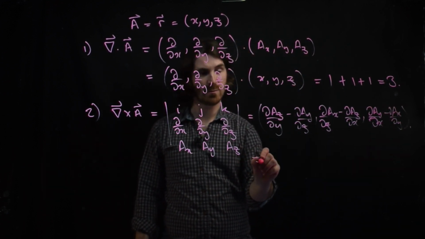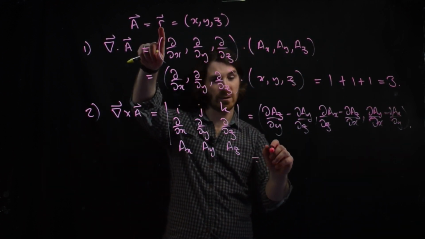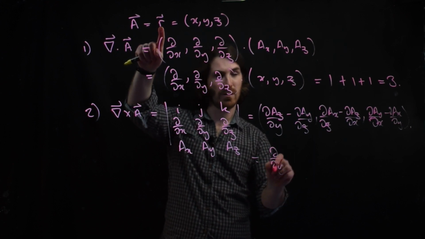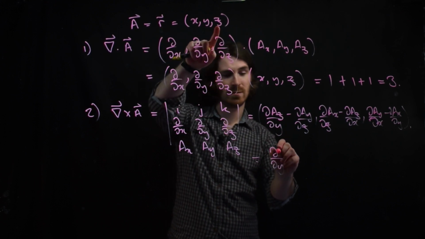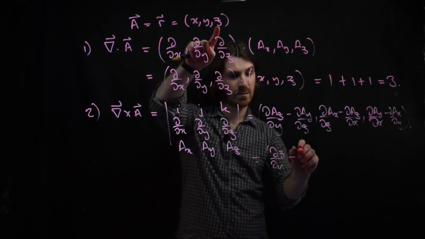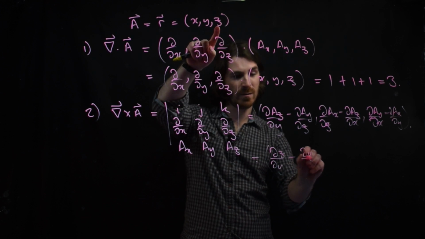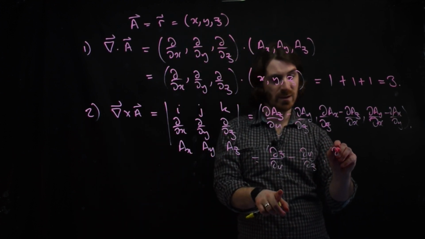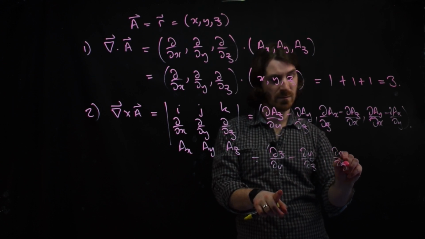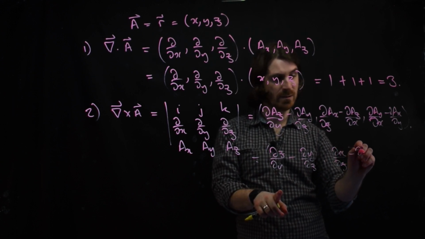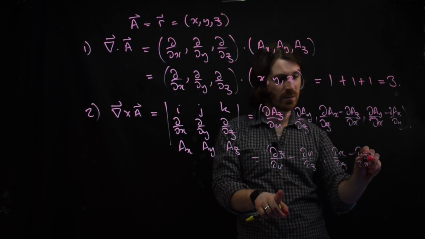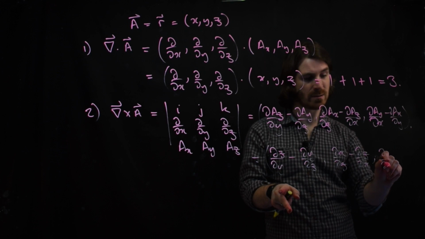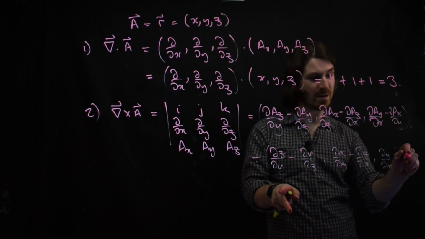So in this case where we've got r, it's just d by dy of az, which is z, minus dy by dz. That's the x component. Then we've got dx by dz minus dz by dx. And finally, in the last component, we've got dy by dx minus dx by dy.